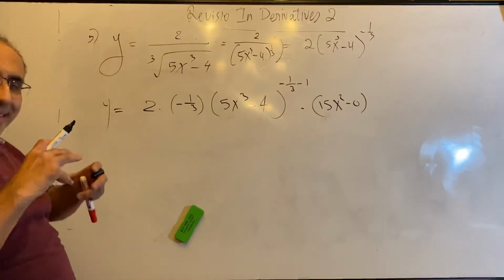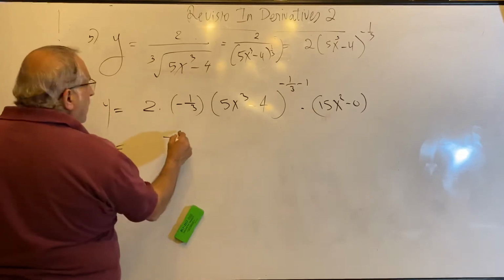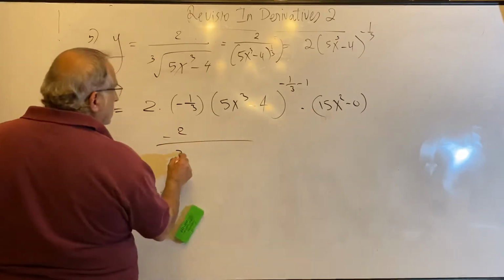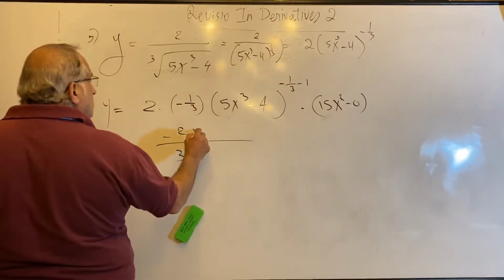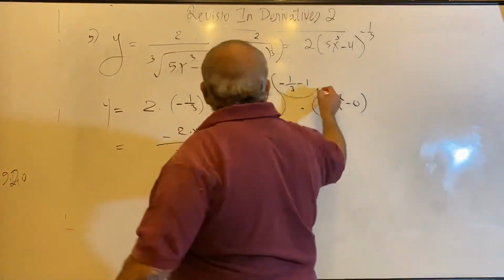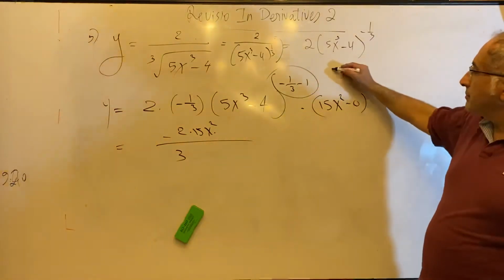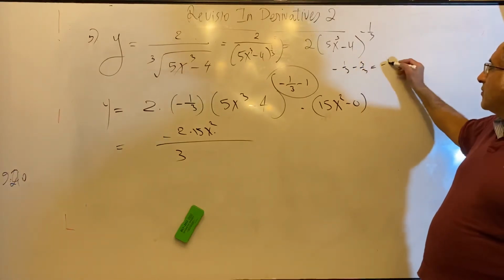Maybe I have to do a little organization. 2 times minus 1/3 is minus 2 over 3. 15x squared is on the top. This is together, minus 4 over 3. Why? Because minus 1/3 minus 3 over 3 is minus 4 over 3.